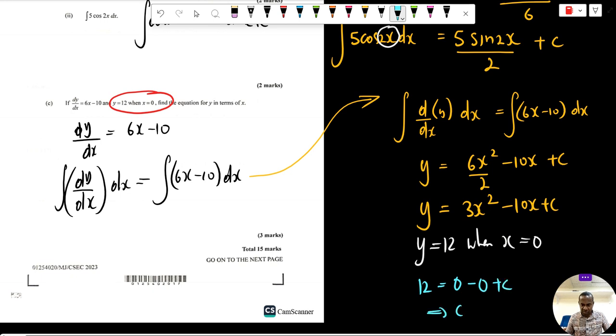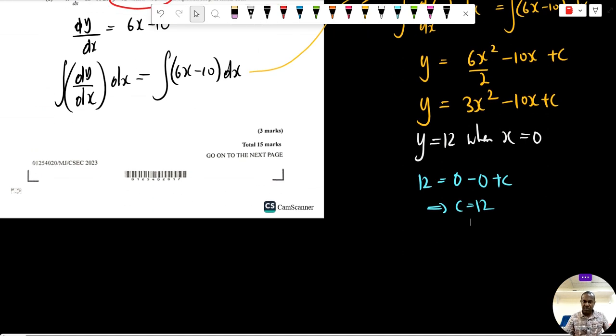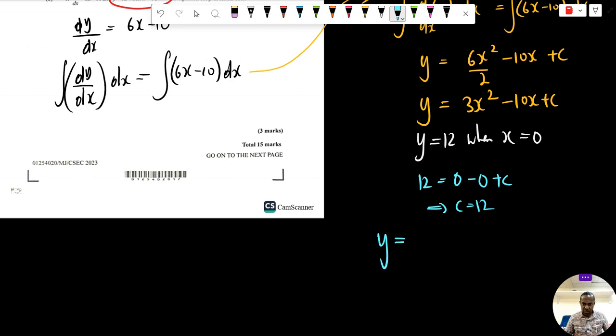And therefore, c is equal to 12. And having found the value of c, we can therefore write down our equation. And our equation is y equals 3x² minus 10x plus 12. And that right there is our equation.